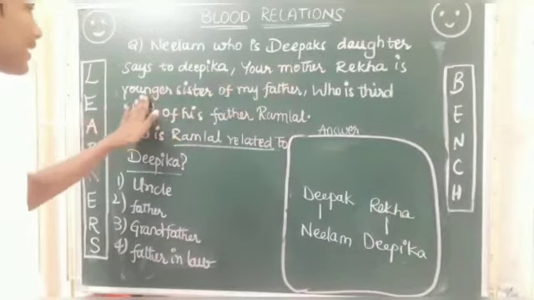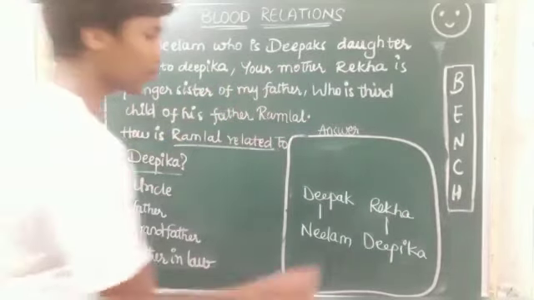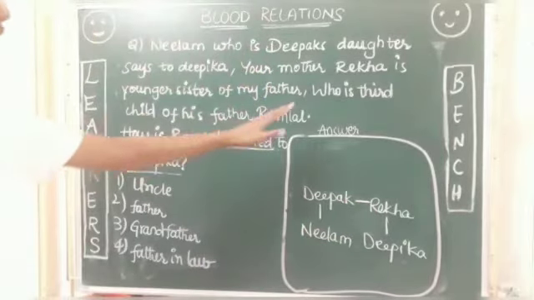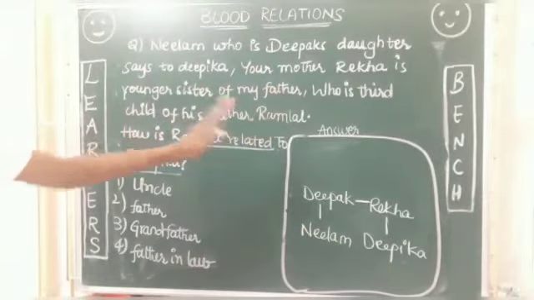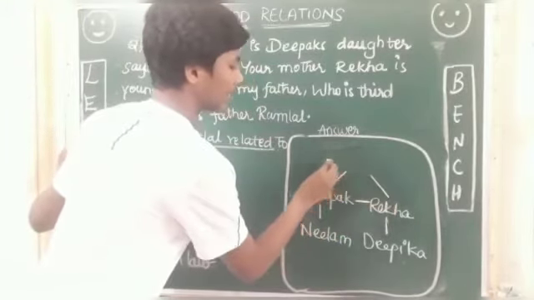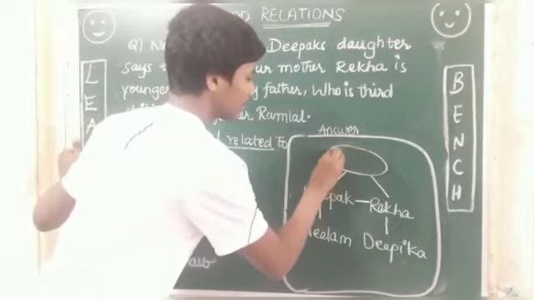Your mother Rekha is younger sister of my father. So Deepak and Rekha are siblings. Who is third child of his father Ramlal. So father of Deepak and Rekha is Ramlal.